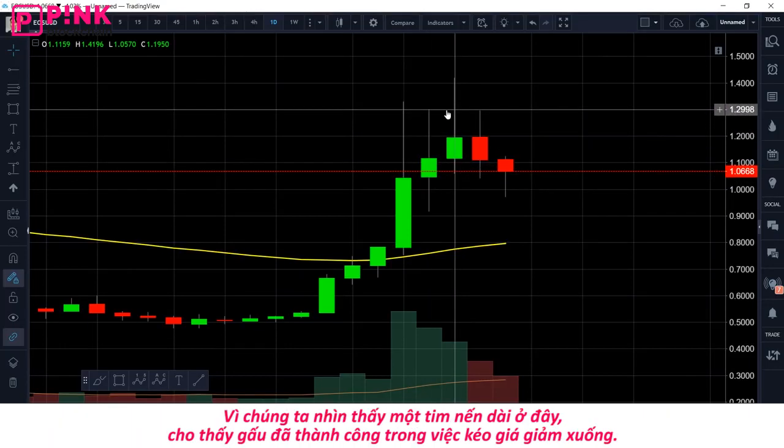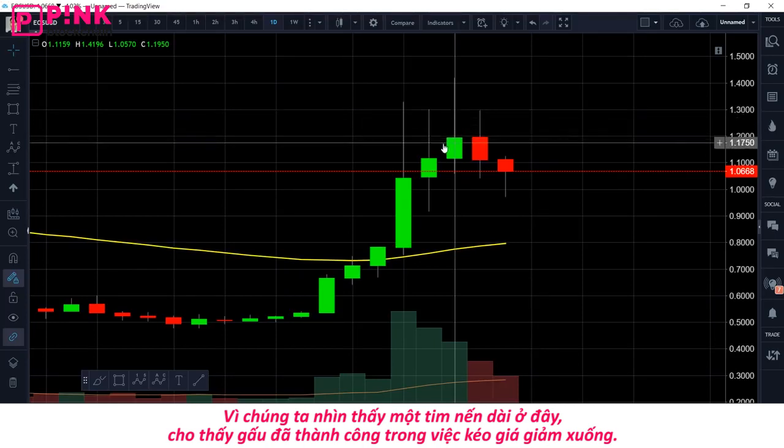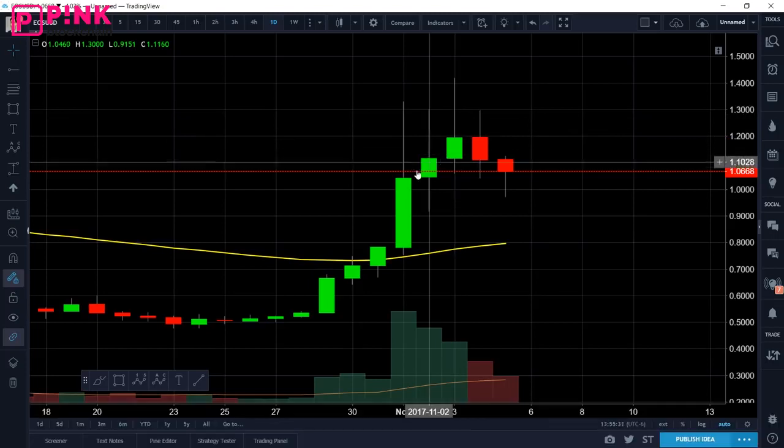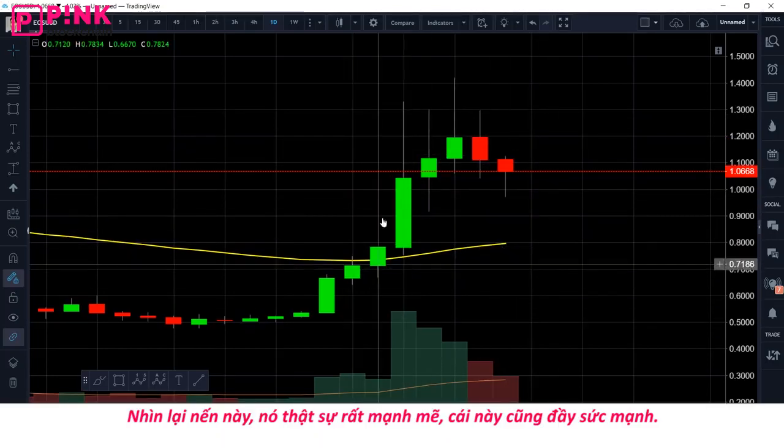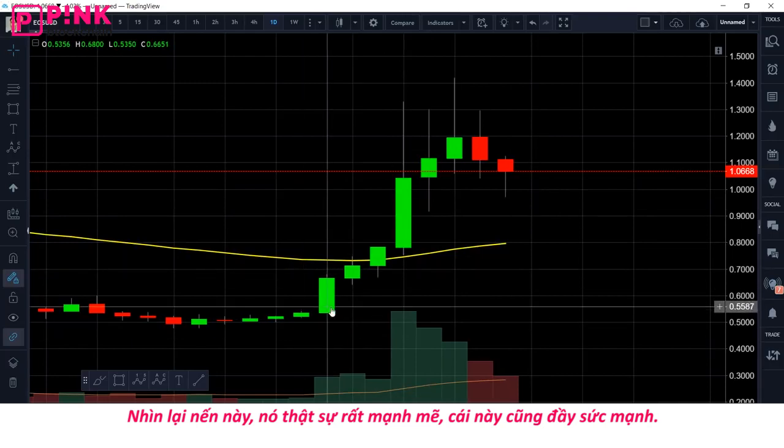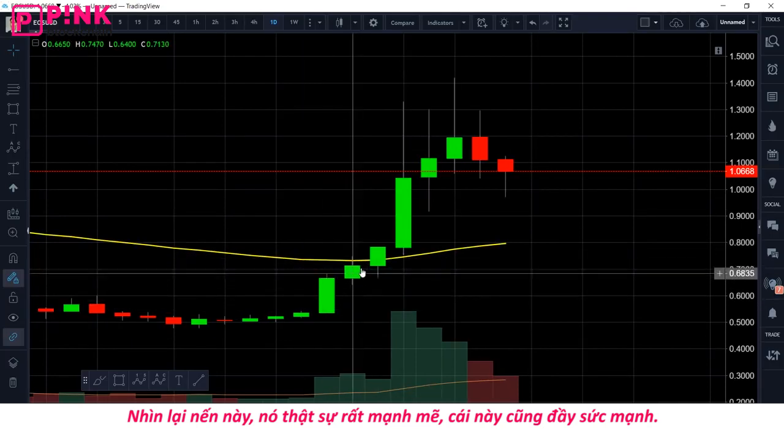And because the long wick is showing, it shows that the bears have successfully pushed it all the way back down, okay? So we think of the story that everything is telling. This one's got a lot of strength, lots of strength. This one's got a lot of strength too, right?